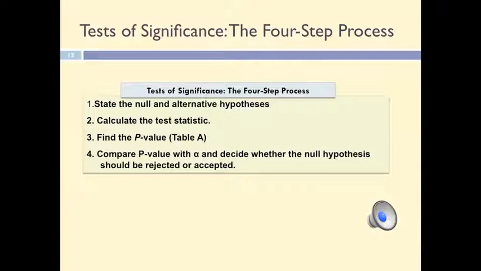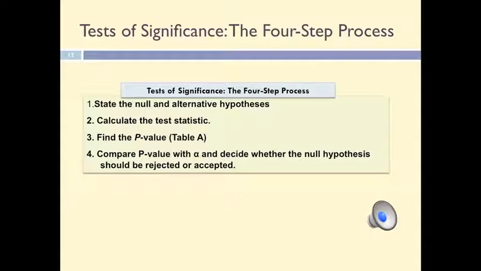Third, we find a p-value for the test statistic from Table A. If the alternative hypothesis is two-sided, then we multiply the area to the right of z by 2.